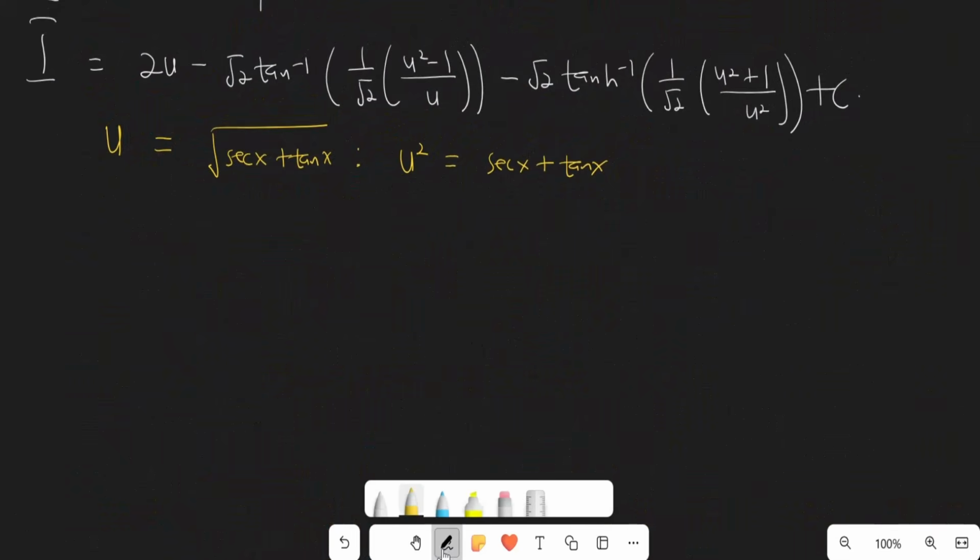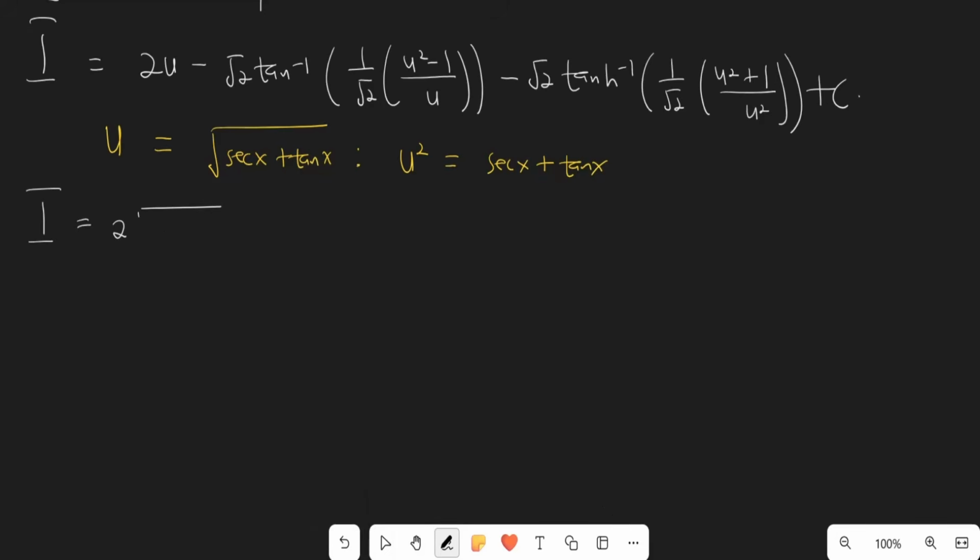Okay, so this is going to be a long one. So we have I equal to 2 times u, and u is the square root of the secant of x plus the tangent of x, and then minus the square root of 2, the tan inverse of 1 over the square root of 2, and then this is multiplied by u squared minus 1.